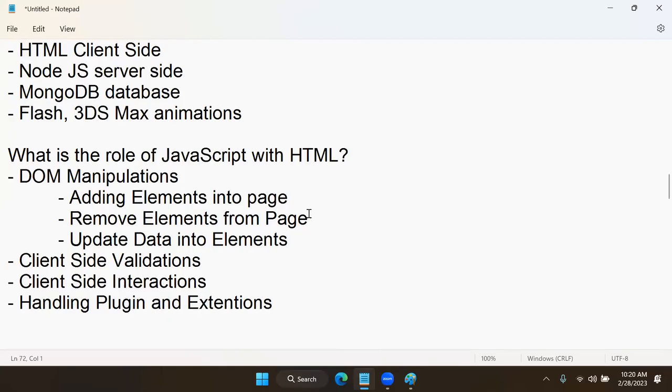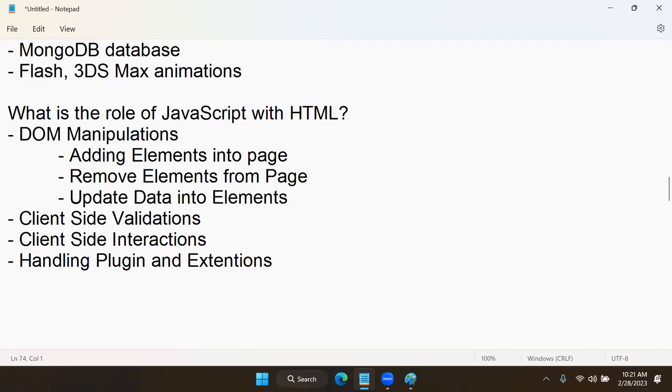How does it know that you don't have Adobe Reader so that it can open a PDF file? You are trying to open a PDF file, your browser says, I don't see a plugin. You are trying to watch a video, your browser says, I don't see a video plugin, so I can't play this video. All these kinds of interactions are managed by whom? JavaScript. JavaScript is used with HTML for doing all this.